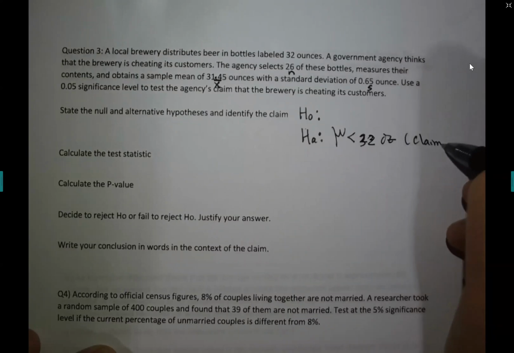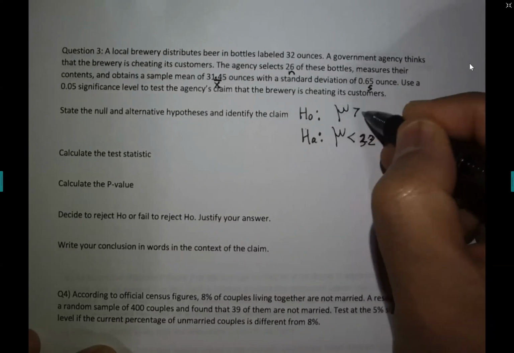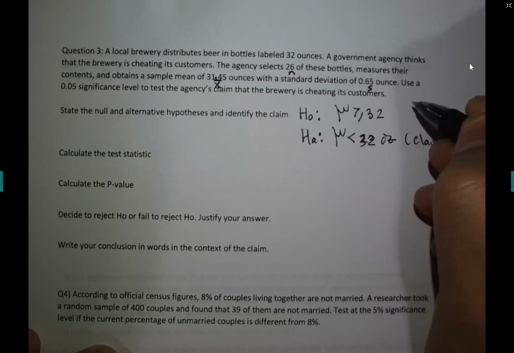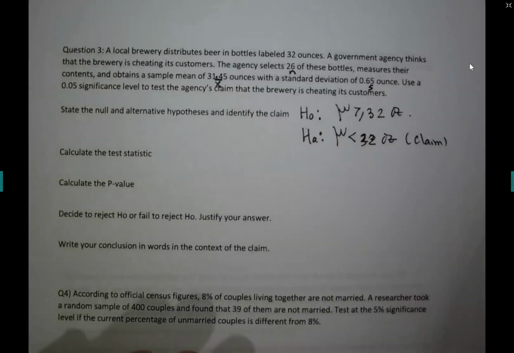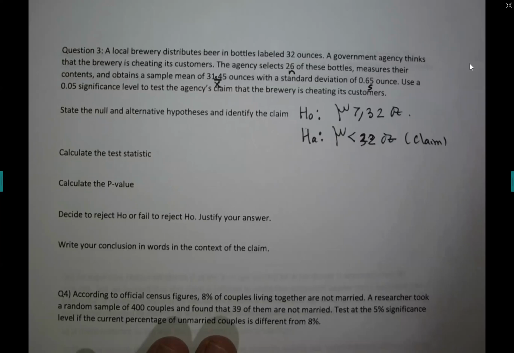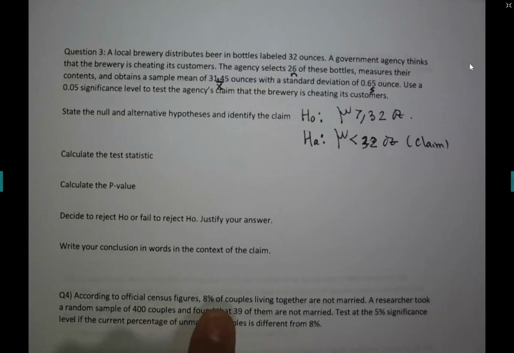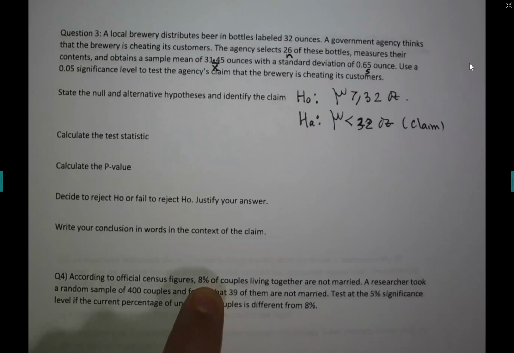Wait, how do we know it's the mean symbol and not the p? See how you wrote mean next to the H0 and then Ha? How do we know it's not p is less than or greater than? Oh, p is a proportion, only if the problem is about percent. Look, here, you see the next one, what does it say? 8%?